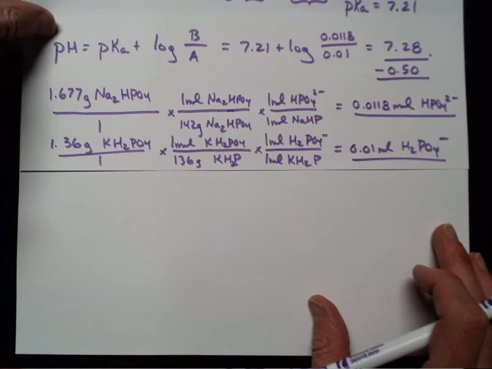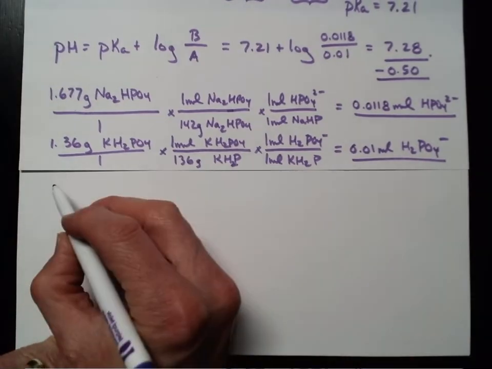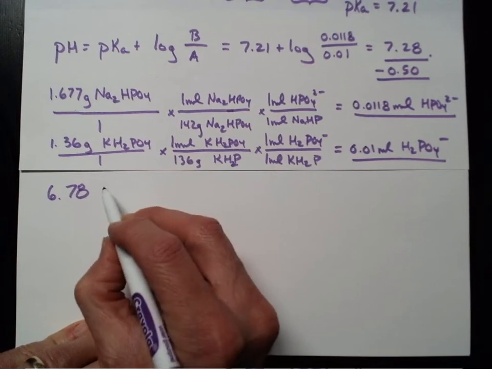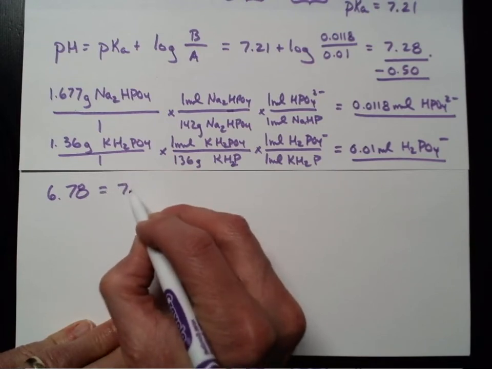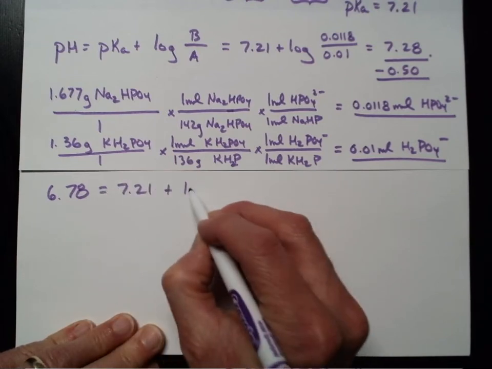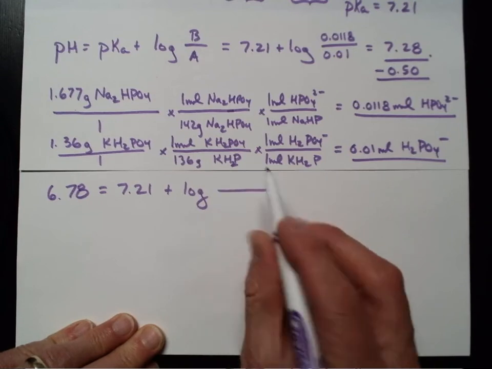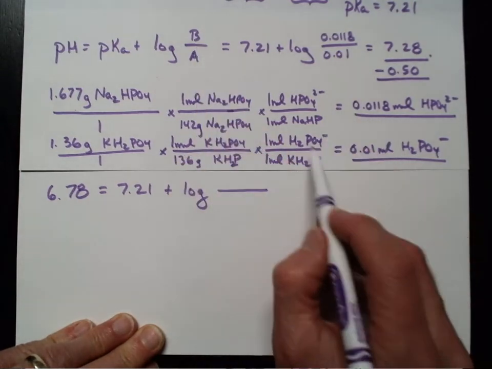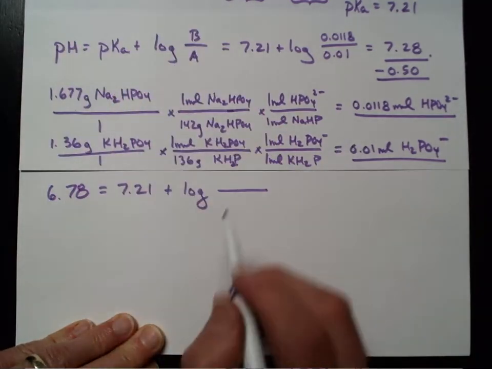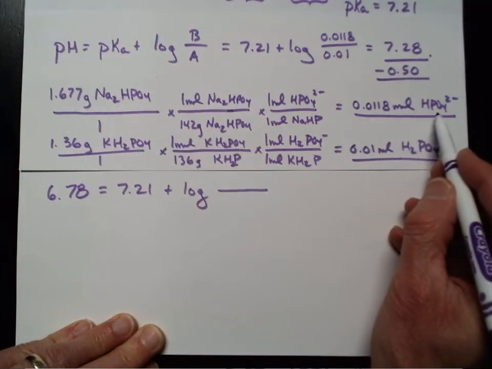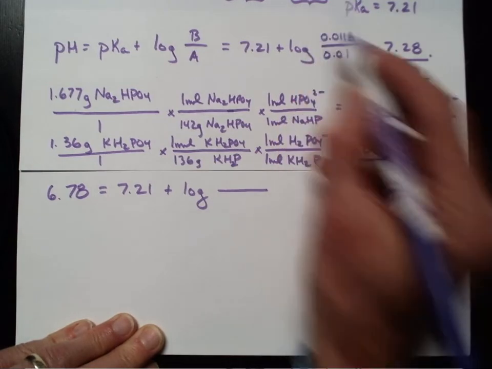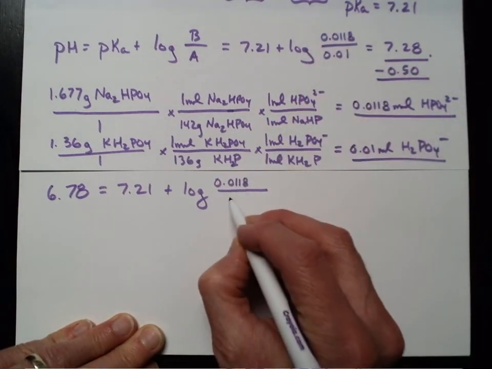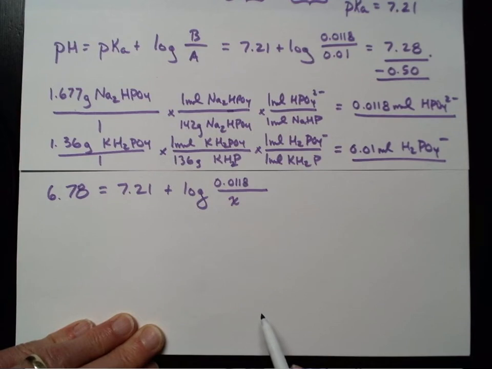Well, let's figure it out. So I know my pH is going to be 6.78. That's going to be my pKa, 7.21, plus the log of my base, which will remain steady, right? Yep, because I'm adding the acid. So my base is going to stay at 0.0118 over some amount of my acid.